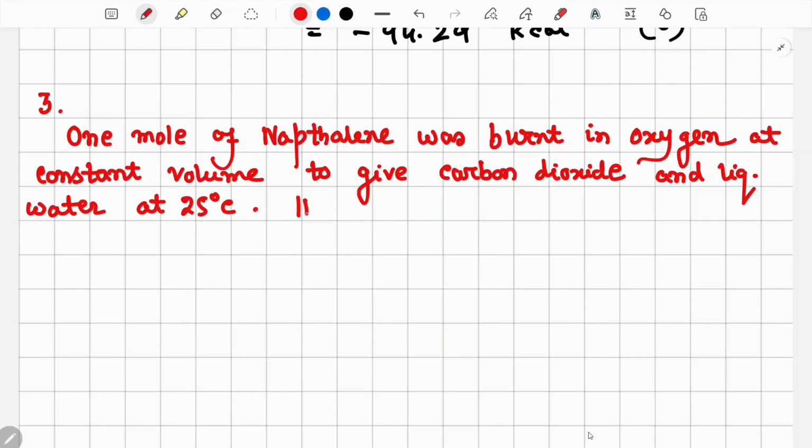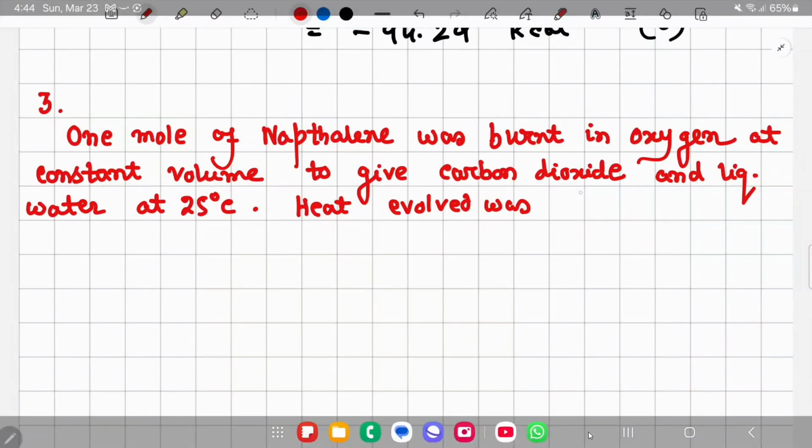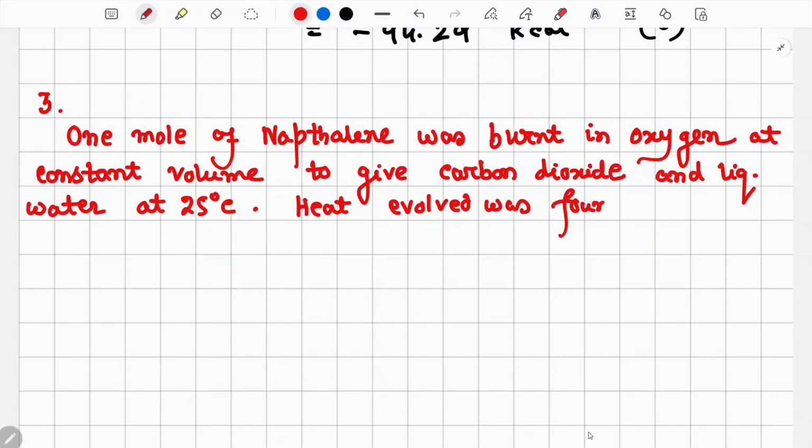Heat evolved was found to be this amount of heat.